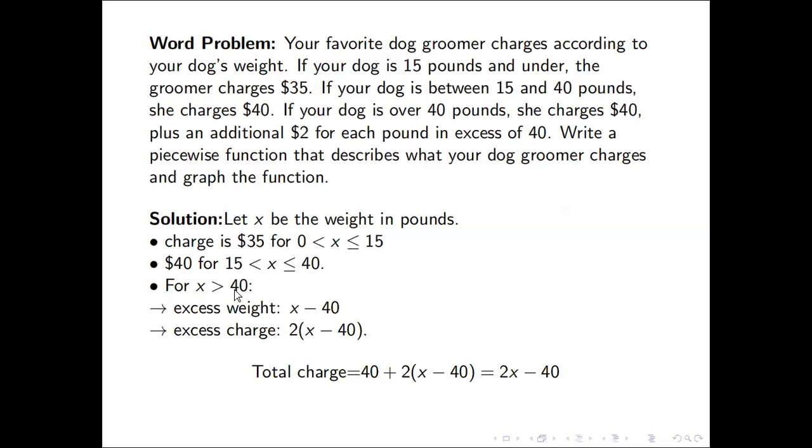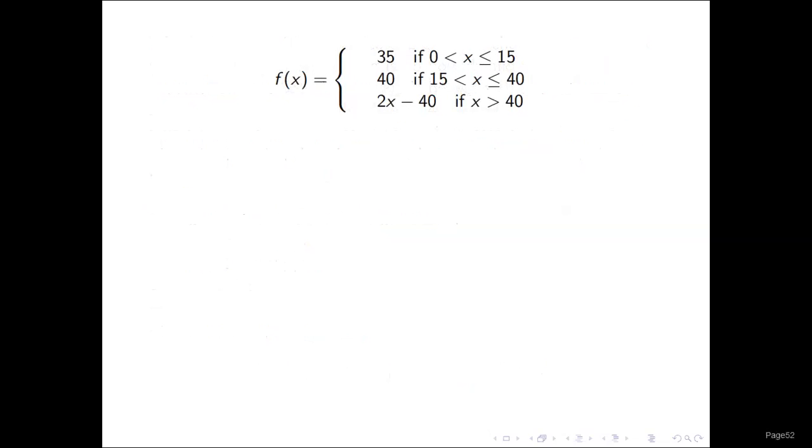So now we are ready to set up the split function. There it is. I simply combined all of them into one line here. F of X equals 35 if X is between 0 and 15, including 15.